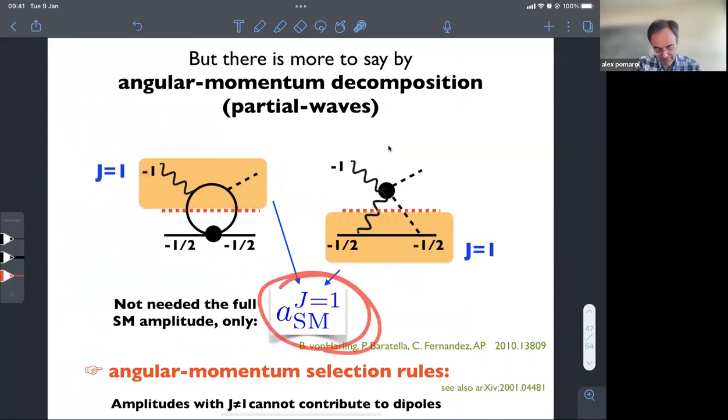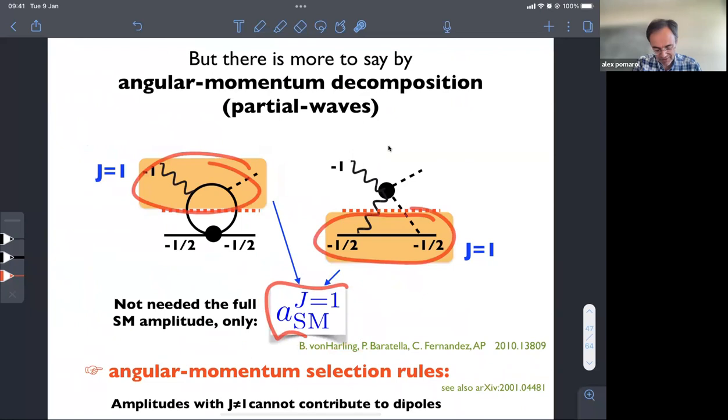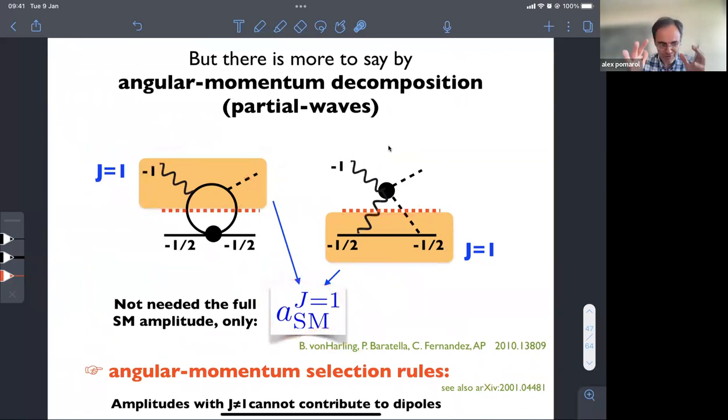So I only need this number. The anomalous dimensions, when you do loops, any number could appear, but it looks like they are proportional to just the partial wave J equal 1. You don't even need so much information as the full standard model amplitude.